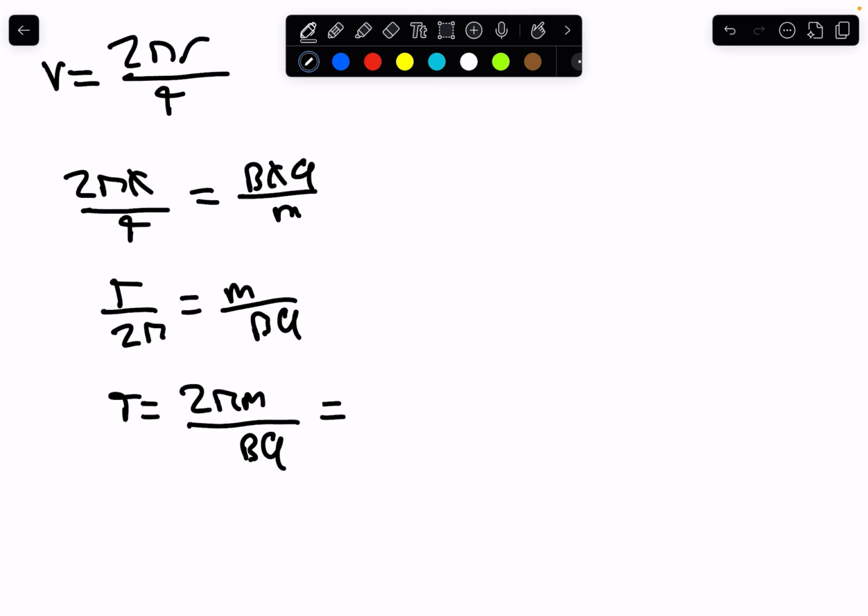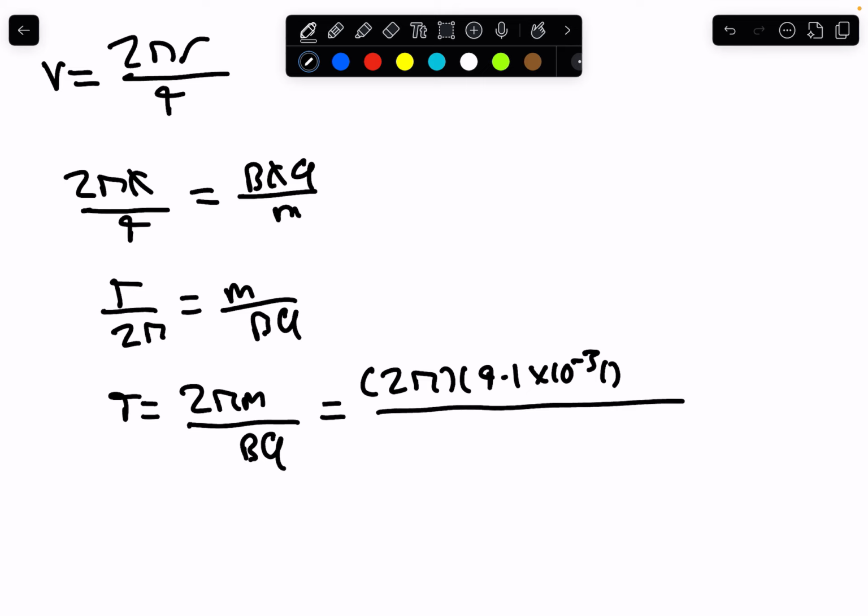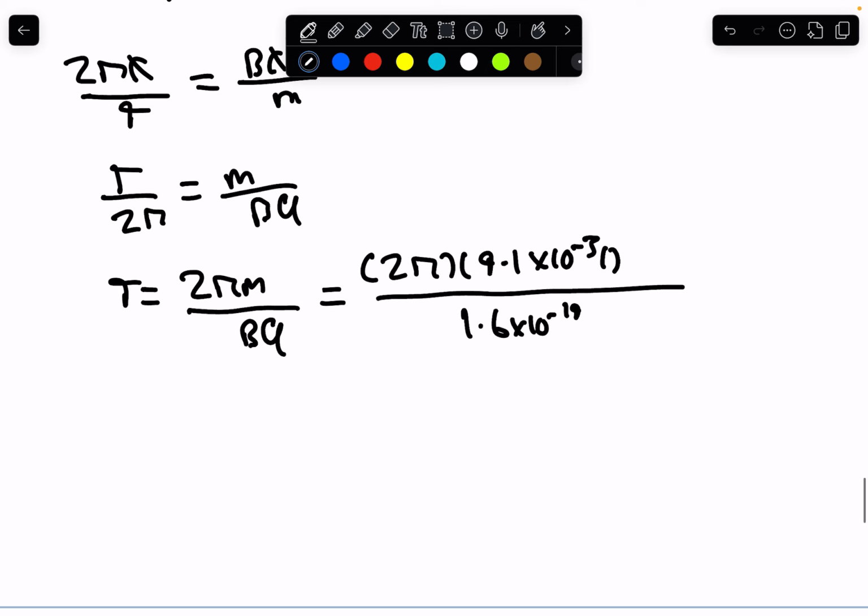So let's calculate, we're given everything, so it will be 2 pi stays the same, multiplied by the mass, 9.1 times 10 to the negative 31, divided by the charge only, since the magnetic field strength is 1. And it would be approximately 3.6 times 10 to the negative 11 seconds.